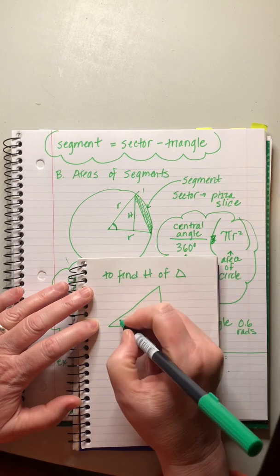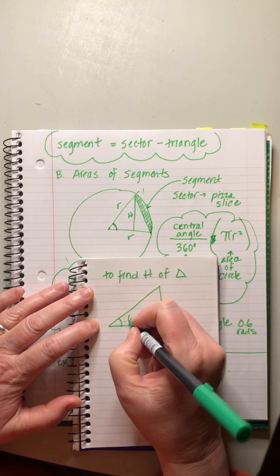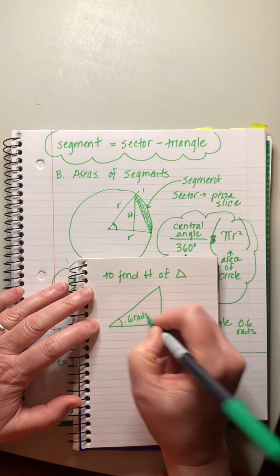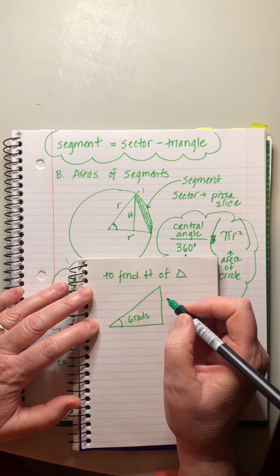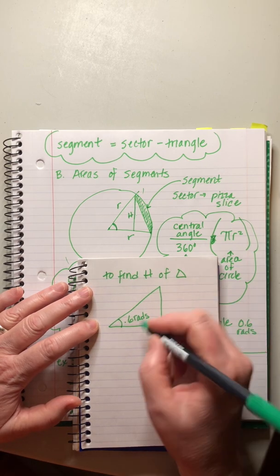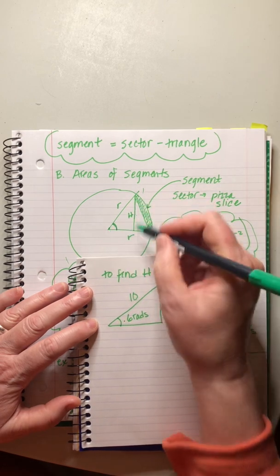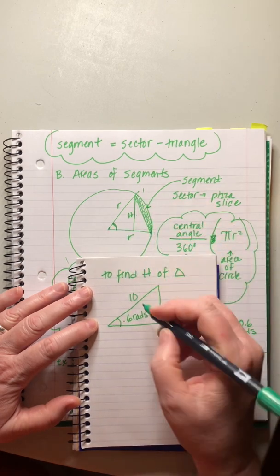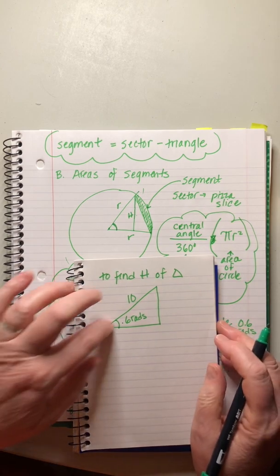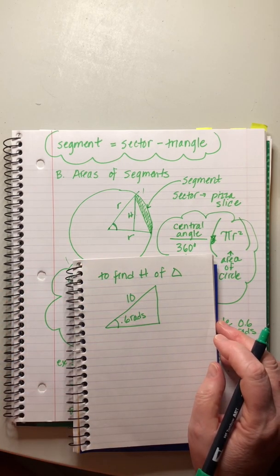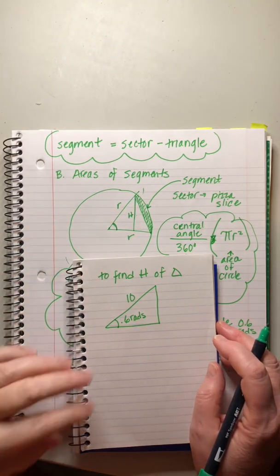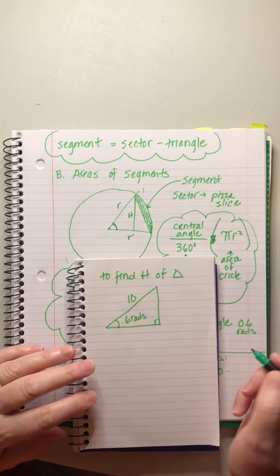This is 0.6 rads, and that's all we know. Oh, we know that this is 10, because that's the radius. So the hypotenuse is 10, for this little triangle we've got going here.